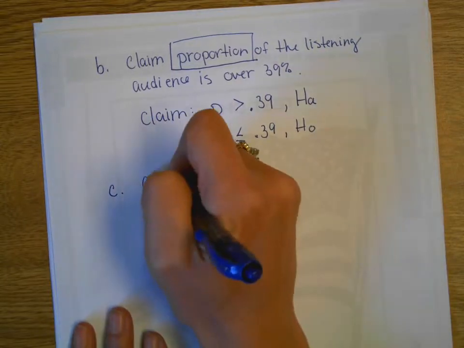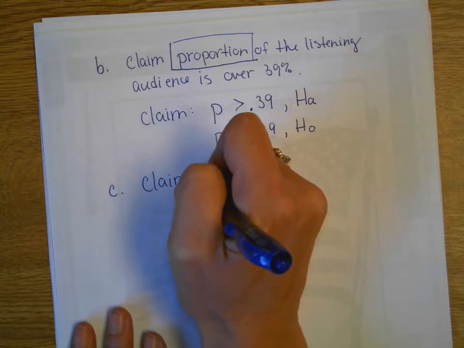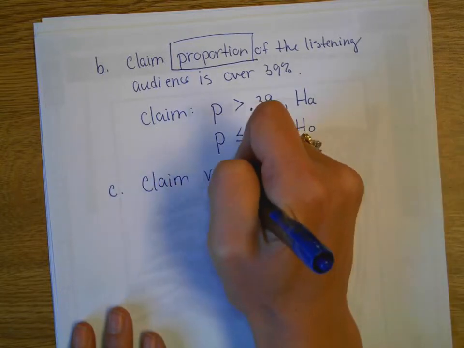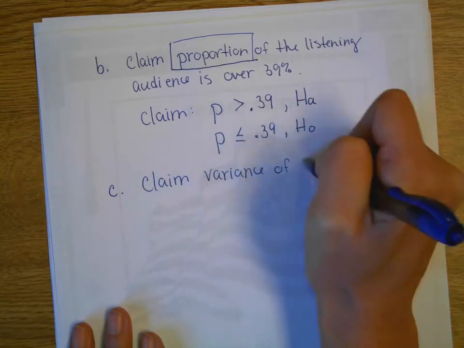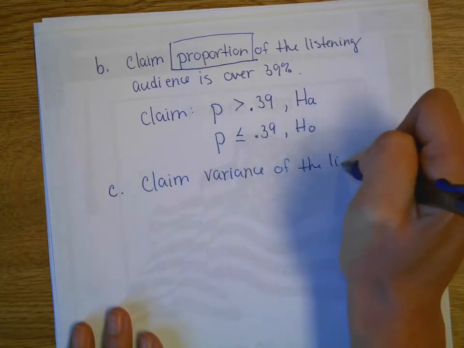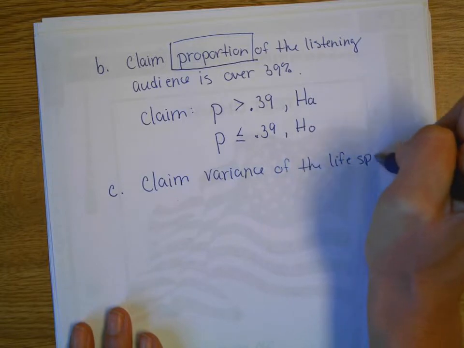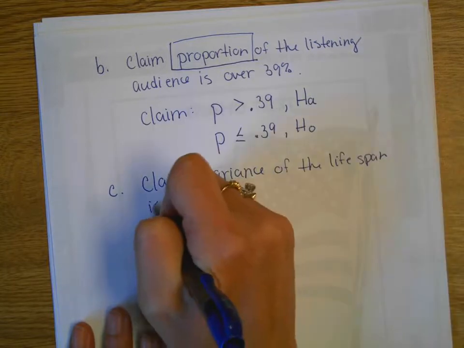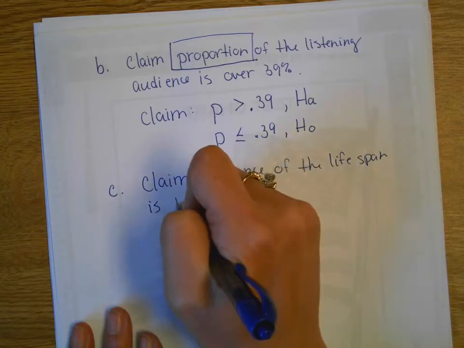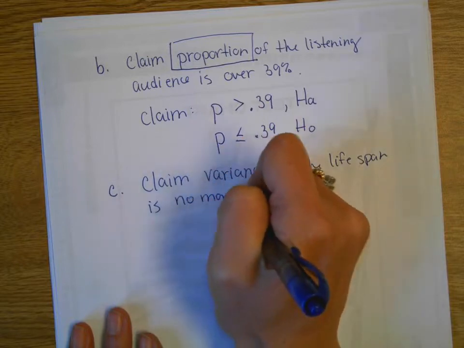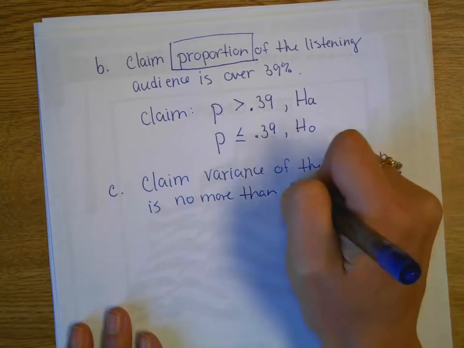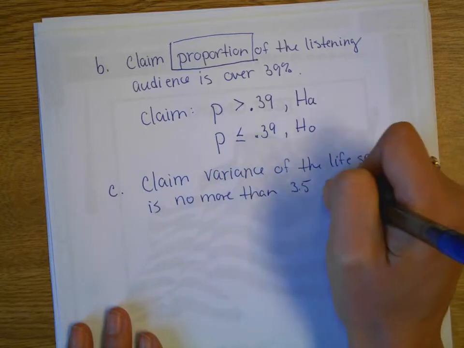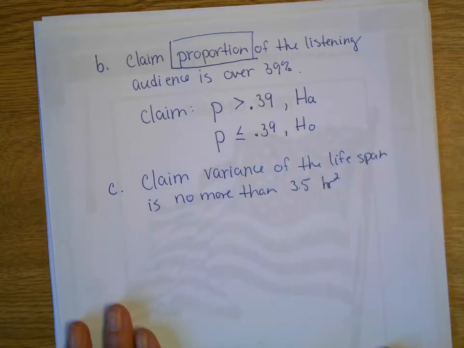Claim is that the variance of the lifespan is no more than 3.5 hours squared.